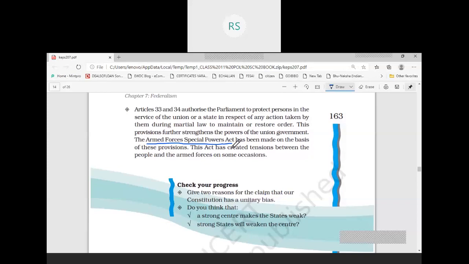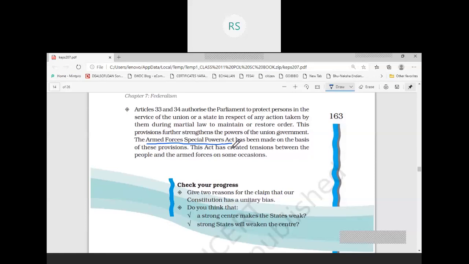So this is a controversial act. The context in which we are discussing this act is regarding the strong center. So these are the provisions which give the central legislature more power than the state legislature.